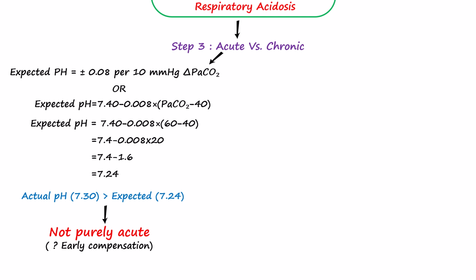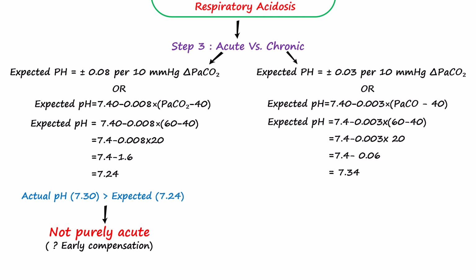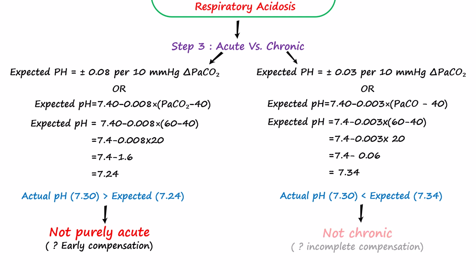In chronic respiratory acidosis, the kidneys compensate more effectively, causing the pH to drop by only 0.03 for every 10 mmHg increase in CO2. With a 20 mmHg rise, the expected pH would be 7.34. Here too, the actual pH of 7.30 does not match the expected level, suggesting it is not a chronic respiratory acidosis.